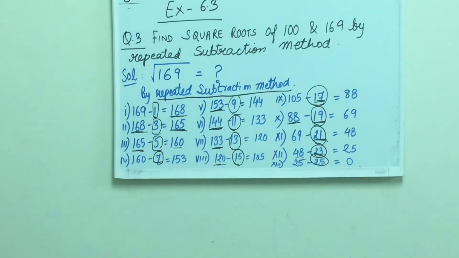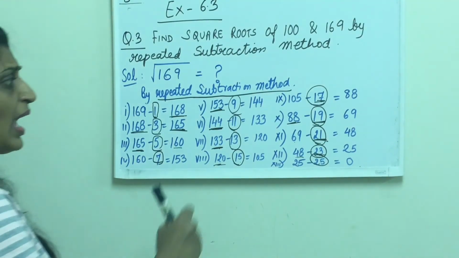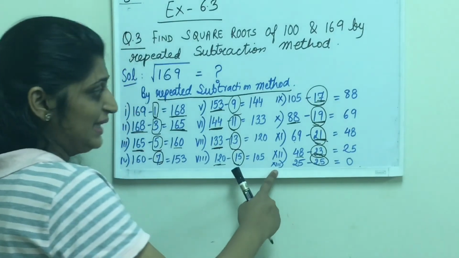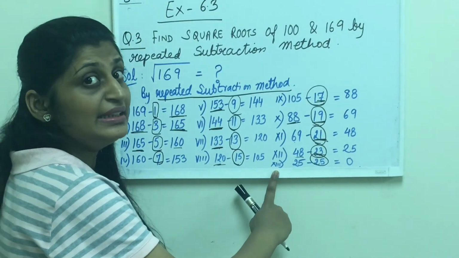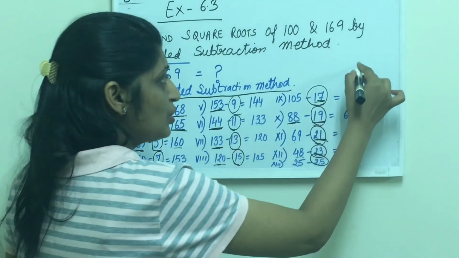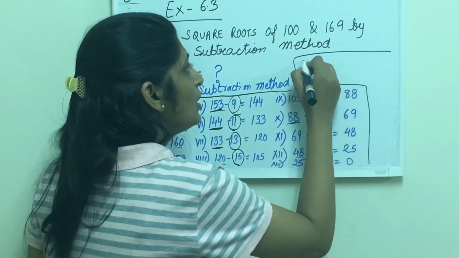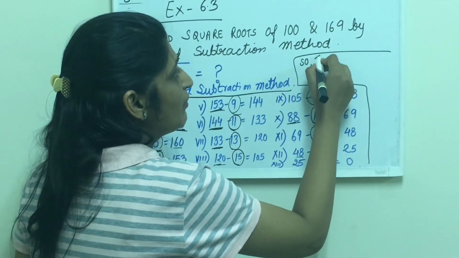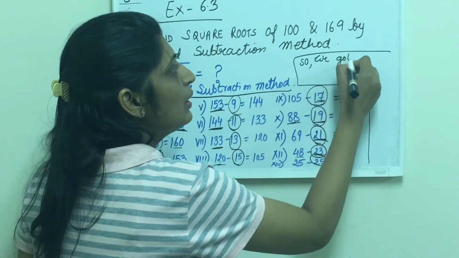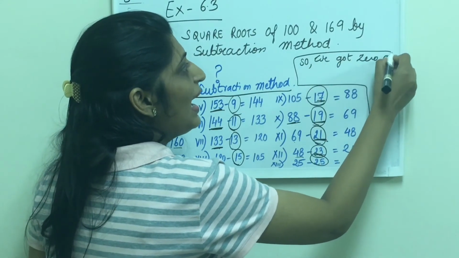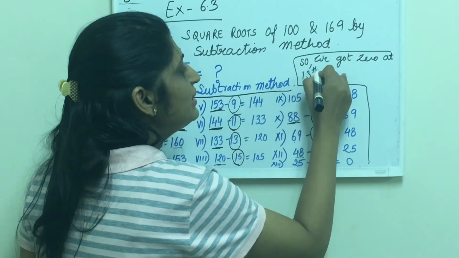And you can see that I got 0, but that 0 I got at the 13th step. So we got 0 at the 13th step.